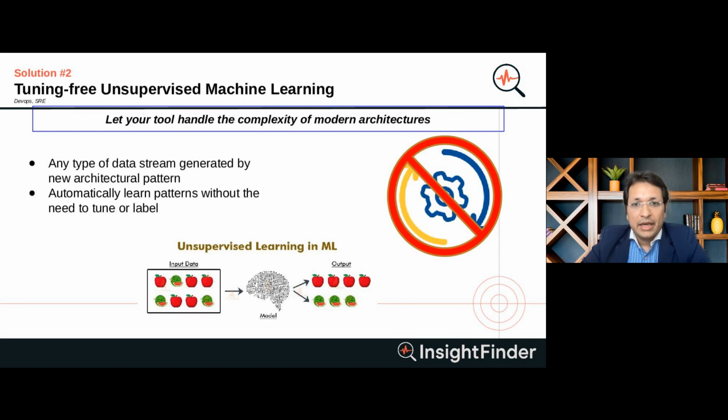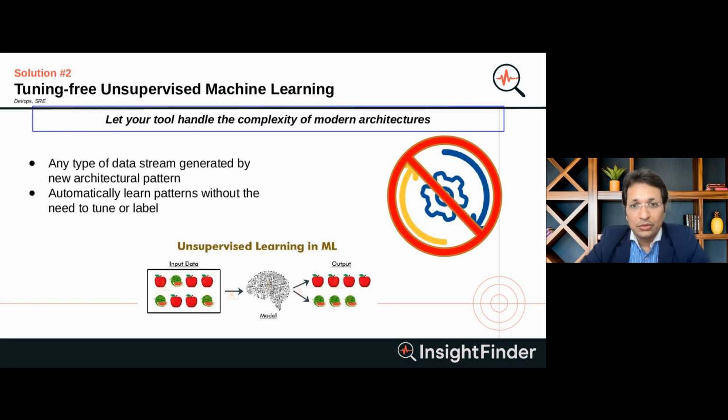The second one I would like to talk about is tuning-free unsupervised machine learning. We need a tool where teams like yours do not need to worry about resetting the thresholds as changes happen in the system. Because with this technology evolution, it's not scalable at all to continuously keep up with this approach.